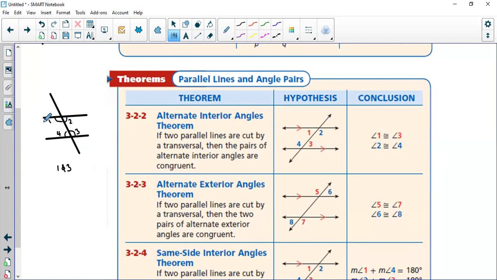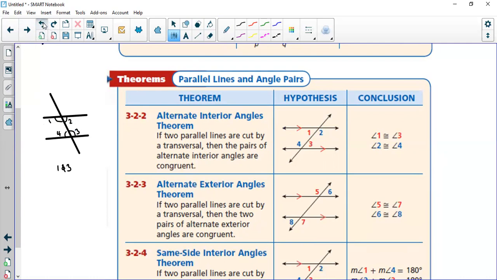So if angle 1 is say 120 degrees, then angle 3 is also going to be 120 degrees because they both are congruent. So this is what the alternate interior angles theorem says. Angle 1 and angle 3 are congruent. Angle 2 and angle 4 are congruent.